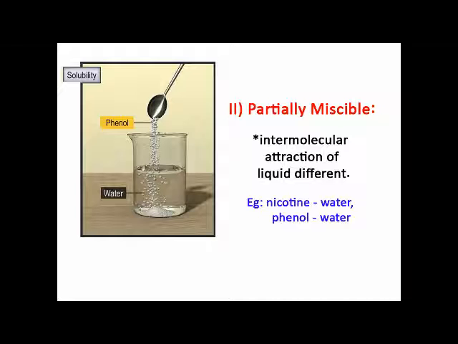So there are two layers, and both layers contain part of the other one. This is known as partially miscible solutions.